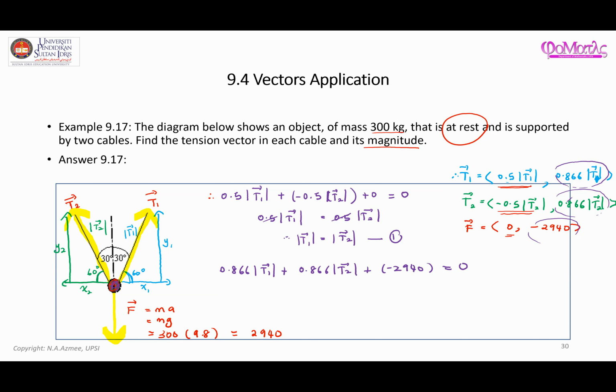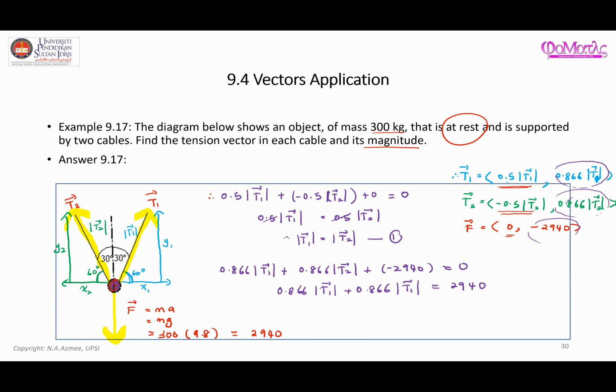Since the magnitude of t1 is equal to the magnitude of t2, we are going to replace this with magnitude of t1, and then we can solve for the magnitude of vector t1. So 0.866 t1 plus 0.866, replace this with t1 because they are equal, and this is equal to 2940.